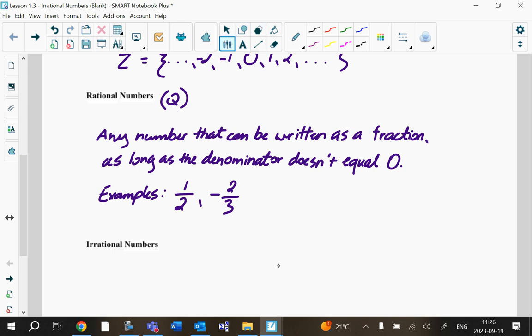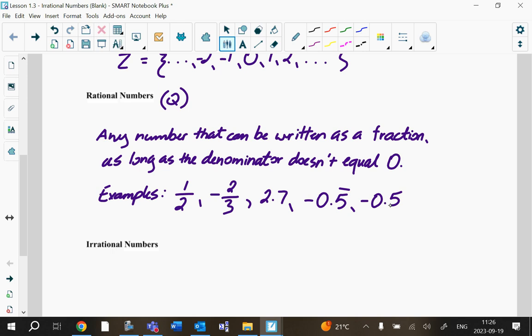Decimals. So that means decimals are also. So like 2.7, negative 0.5 repeating, because that can be written as a fraction. So can negative 0.5. Those are two different numbers. Okay. So fractions, decimals, positive and negative.